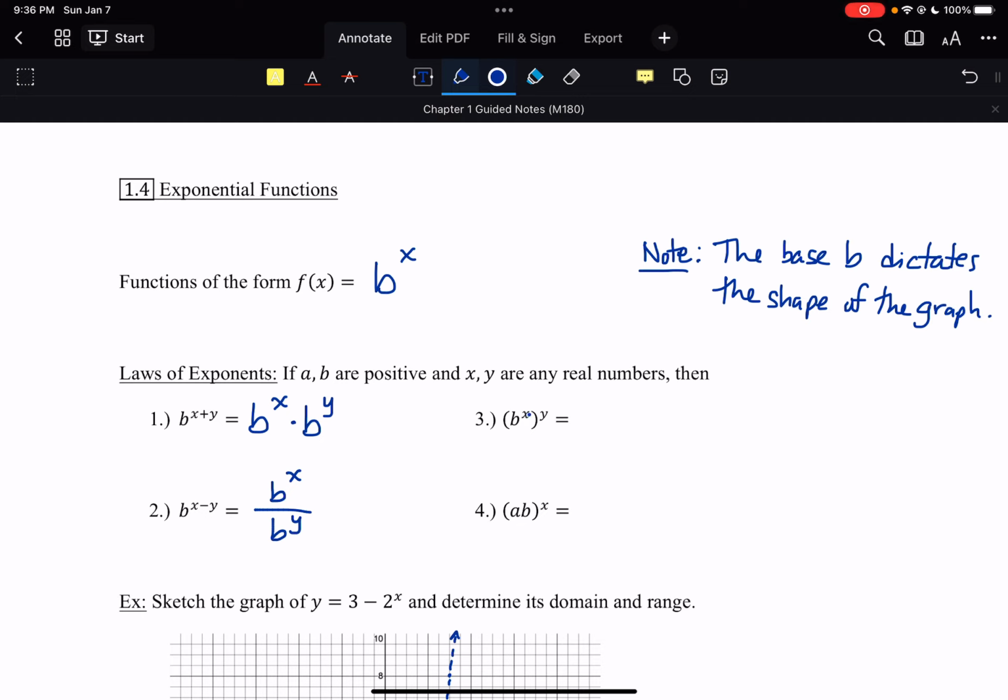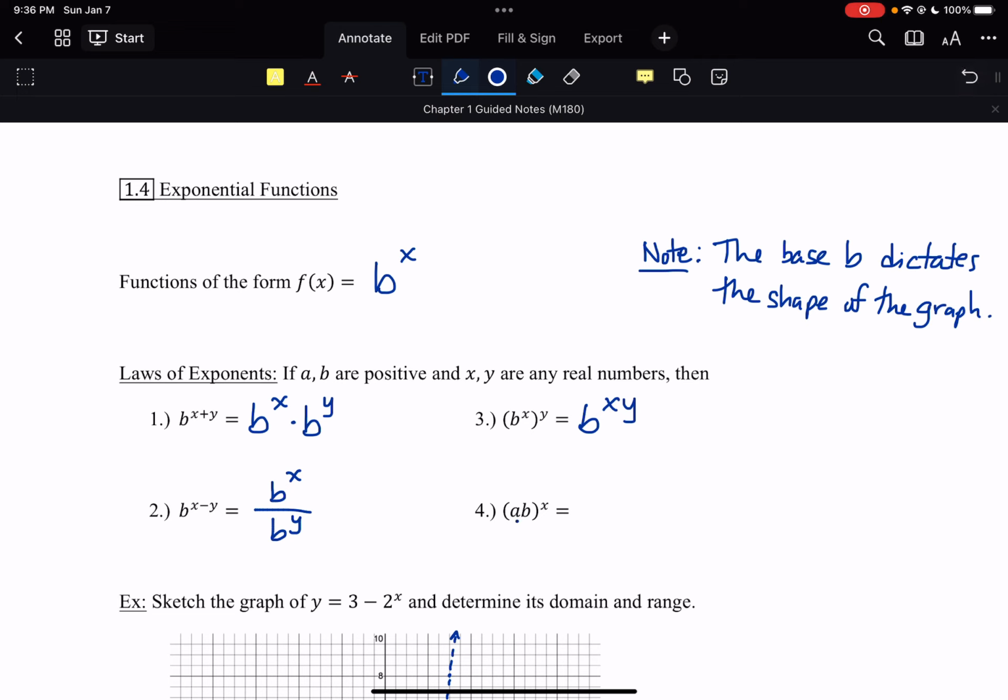If you have a power raised to another power, so b to the x raised to the y, you're going to end up multiplying the powers, b to the x times y. Again, notice the distinction between these two. This is a product of two bases that gives us a sum in the exponent. This one is a power raised to another power, and that gives us the multiplication up here in the exponent.